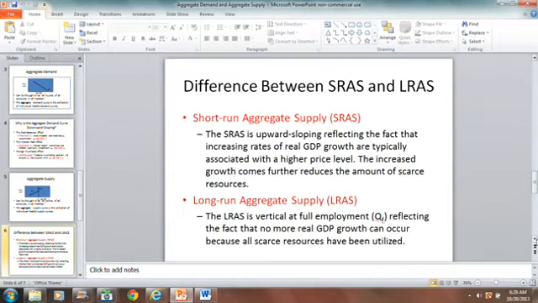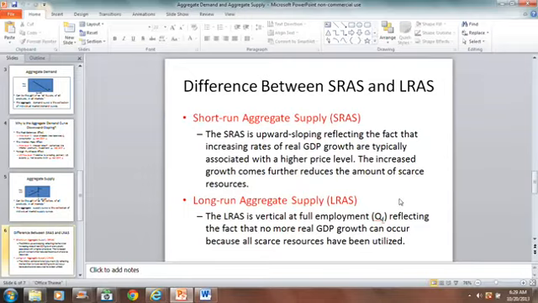Now, again, I want to reiterate the difference between short-run aggregate supply and long-run aggregate supply. The short-run aggregate supply reflects the fact that increasing rates of real GDP growth are going to be associated with higher price levels. That is, as we tap into those even more scarce resources, it's going to make them more valuable. Costs will go up, price will rise. And long-run aggregate supply is where the economy reaches full employment.